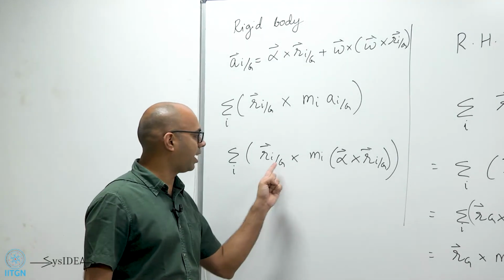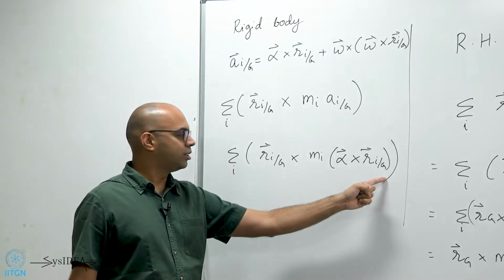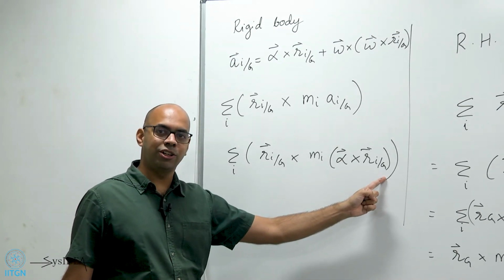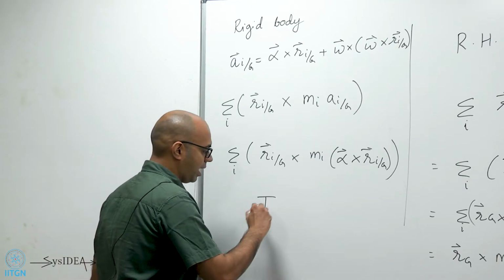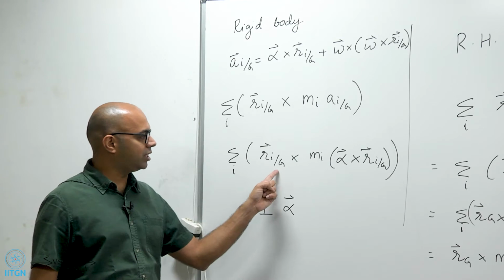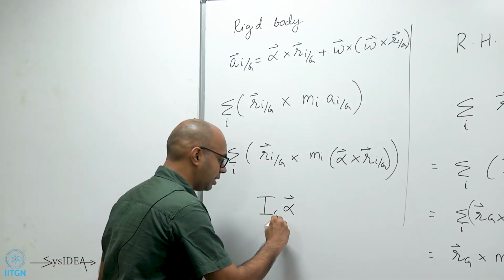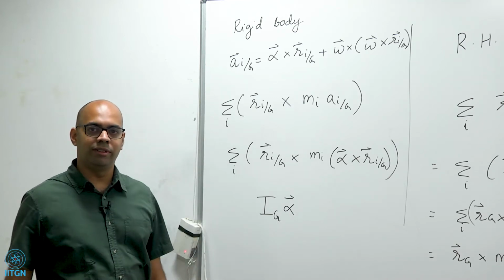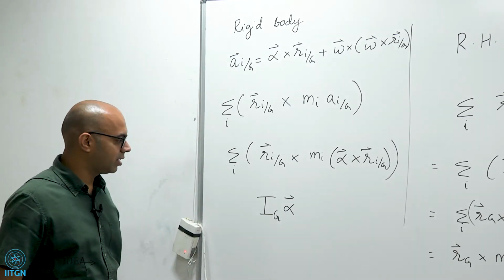And a summation mr squared is really where you get your moment of inertia. So this ends up being I alpha. And since all of these positions are relative to the center of gravity, this is really a moment of inertia relative to your center of gravity. So you get an Ig alpha.